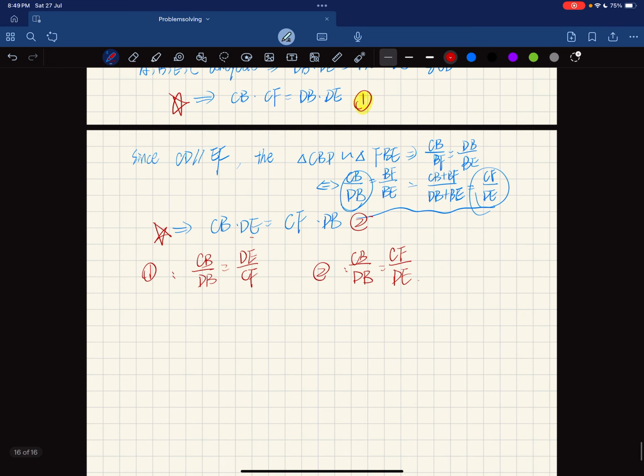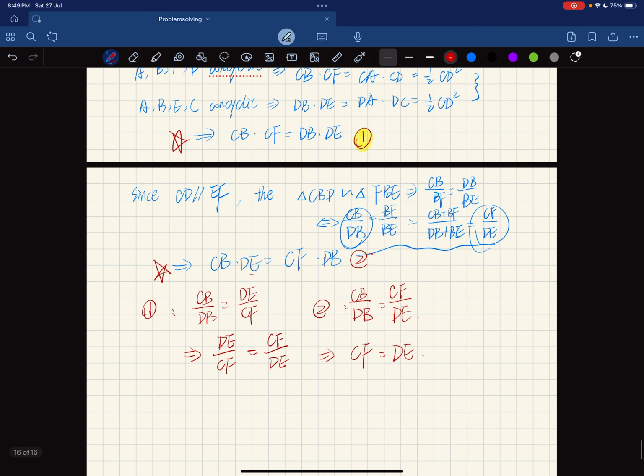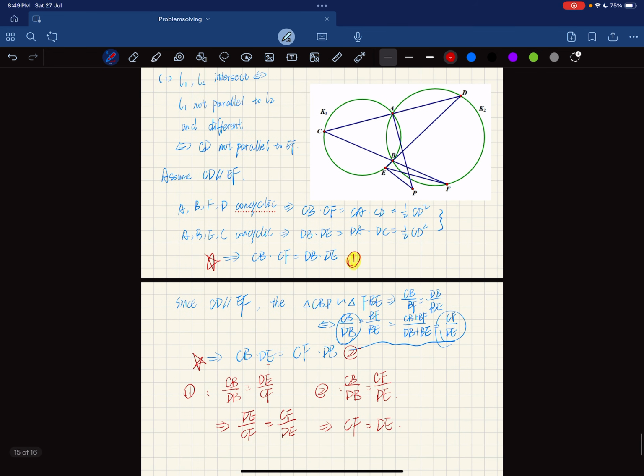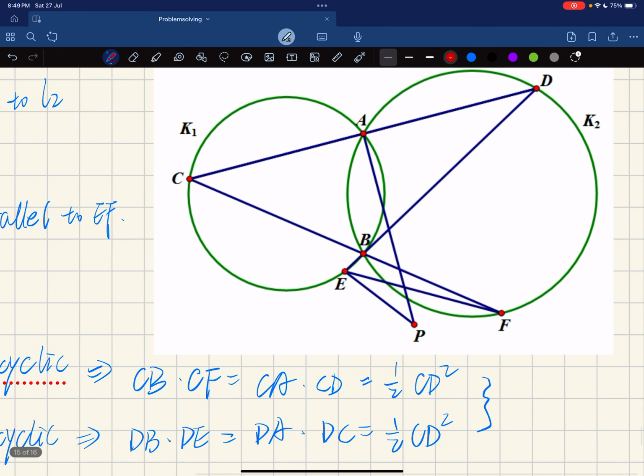So that leads to DE over CF equals CF over DE, and that leads to CF equals DE. Am I right? So what can we have after getting the conclusion? CF equals DE. Let us see.